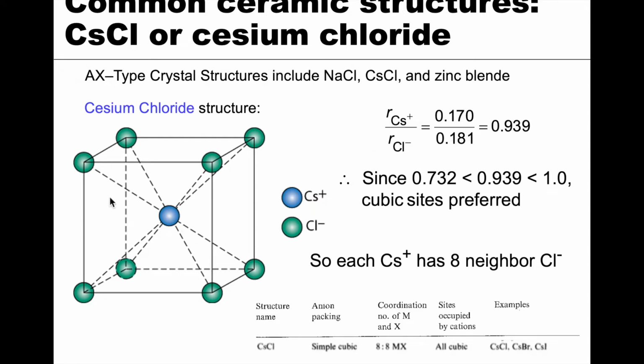Even though it's slight, they're still different radii, so we can't consider this BCC. For examples, these are all going to be relatively large cations, so you see cesium in the example for all of these with different anions. That's another one of these common structures that we anticipate.